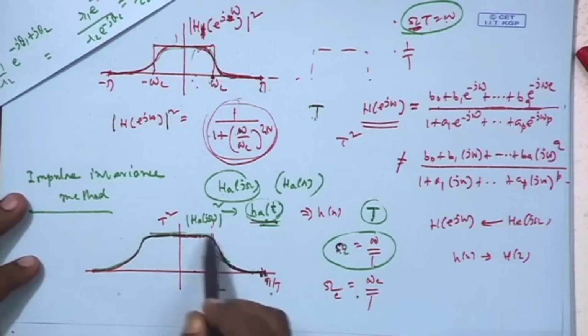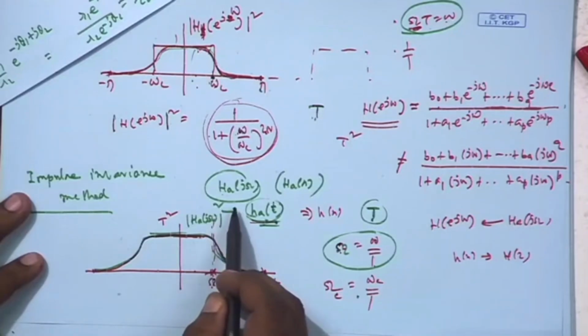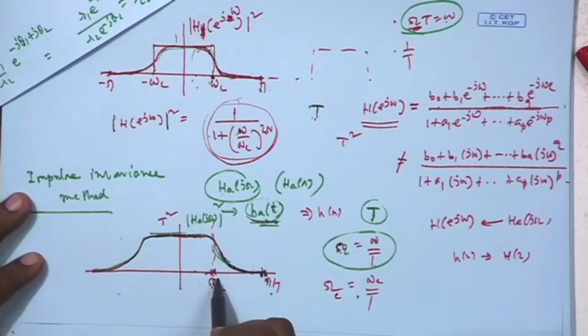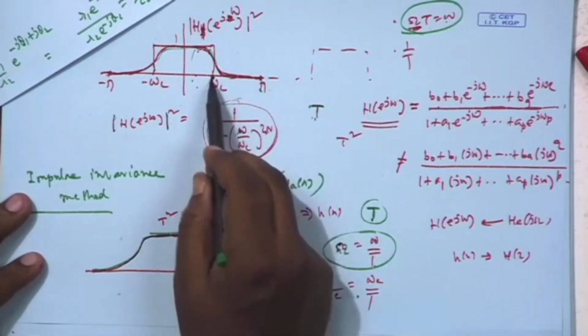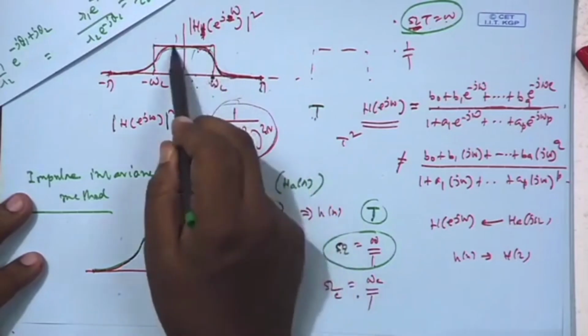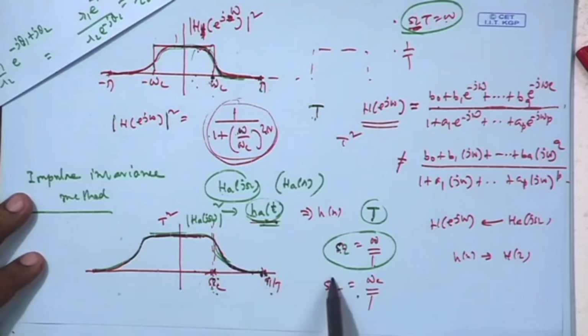So, this function will be a prototype magnitude response of an analog low pass filter with cutoff frequency capital omega c. Here this is pi, this is pi by t, this is small omega c, capital omega c. Since omega c was quite less than pi and the order was large, this function became 0 before going to pi. The same applies here: capital omega c is less than pi by t, because capital omega c is omega c by t and this is pi by t.